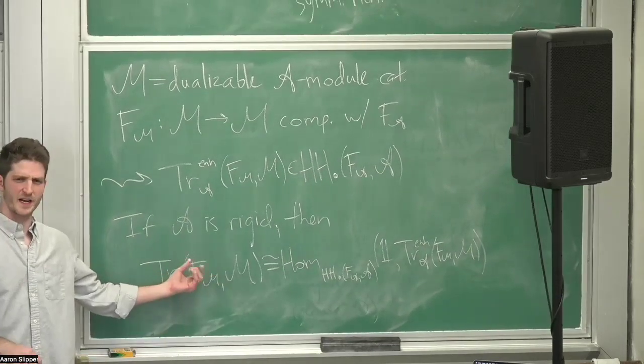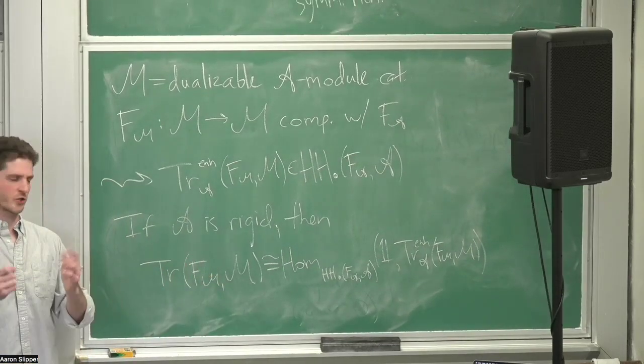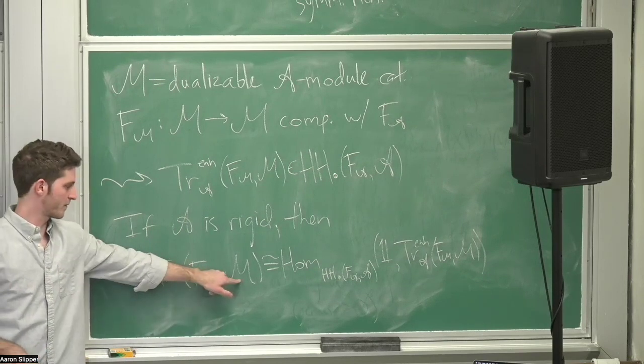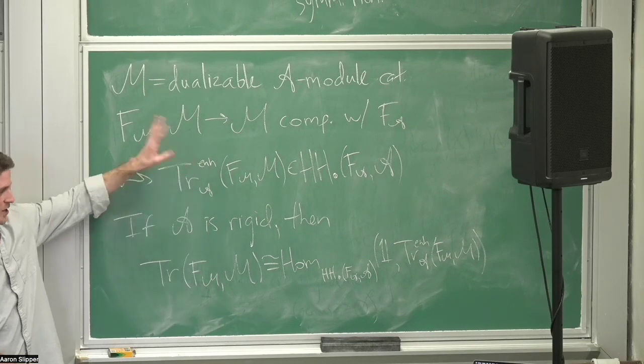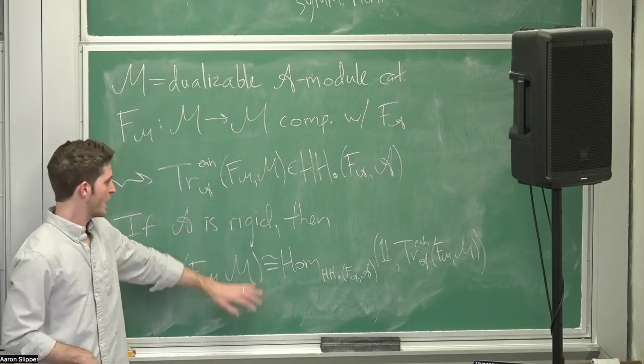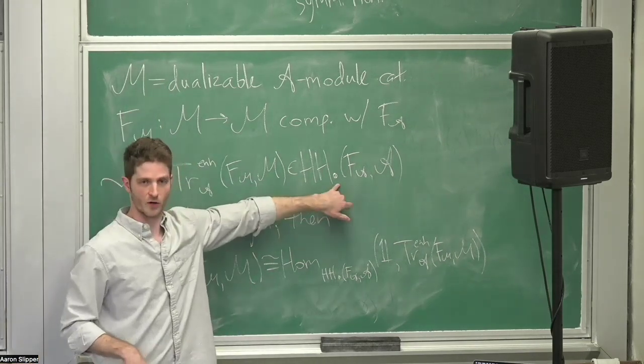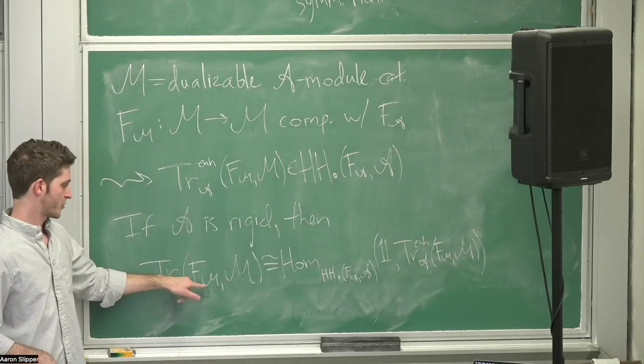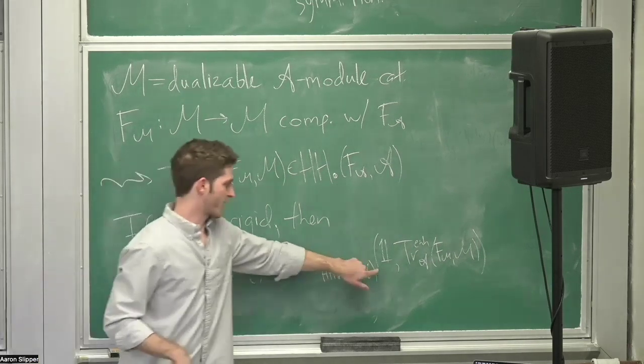So hopefully this seems like a reasonable upgrade of the construction, right? I have this vector space just for any endomorphism of M. But in this situation where I have this extra structure, I can actually produce an object of this category, which is a symmetric monoidal category. And I recover the original trace, this vector space, by taking Hom from the unit.